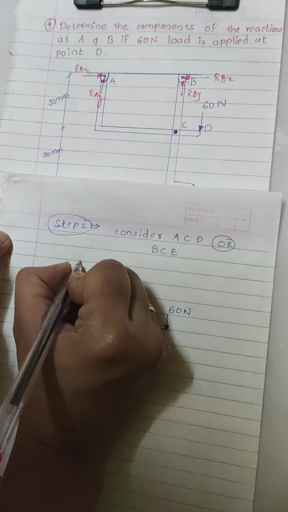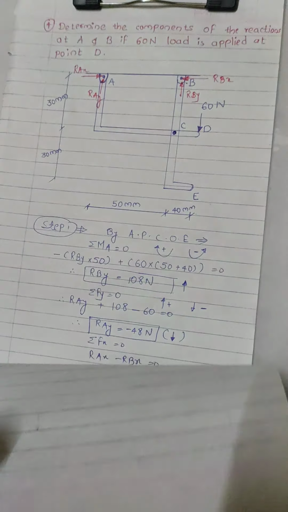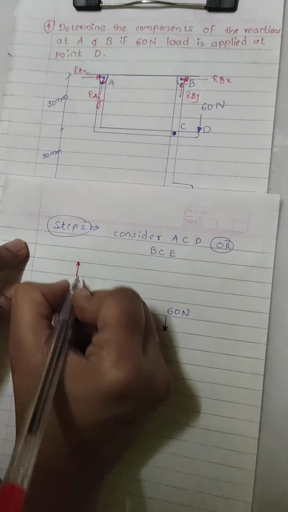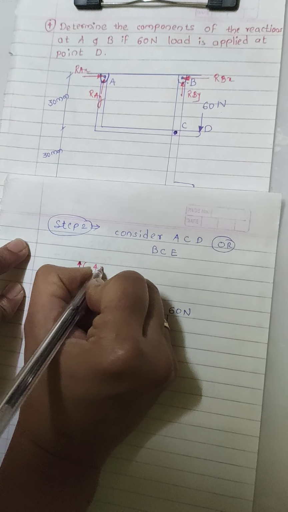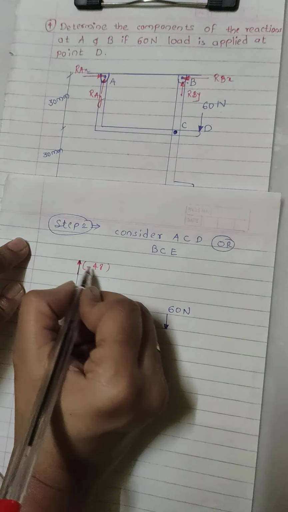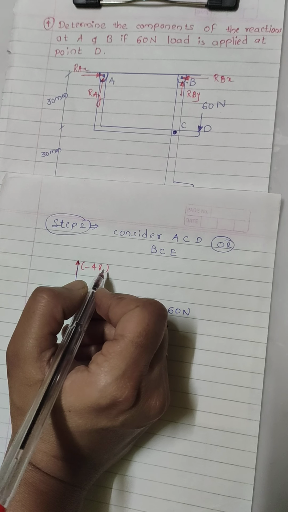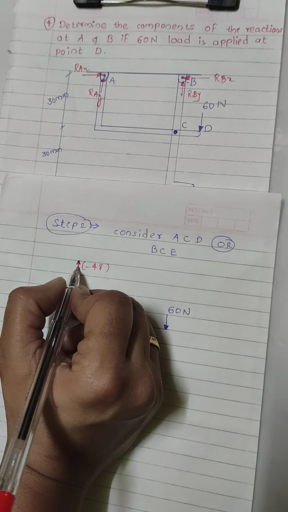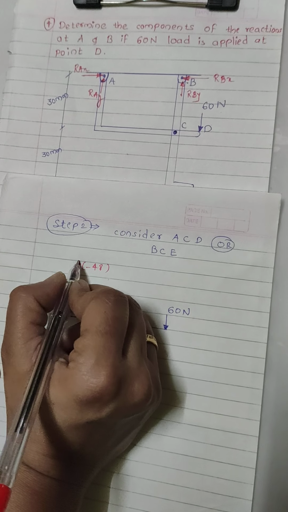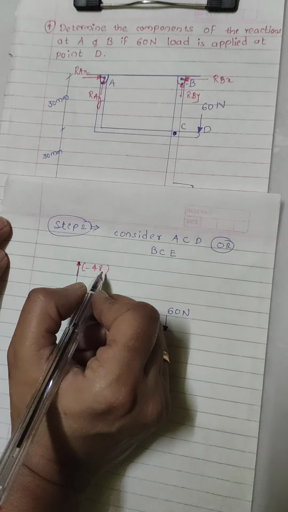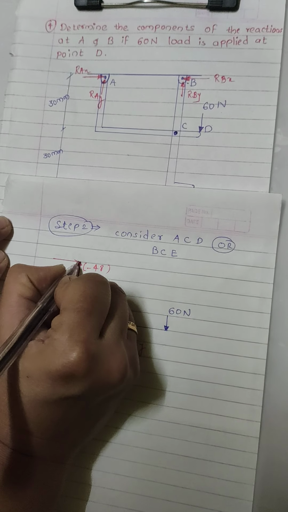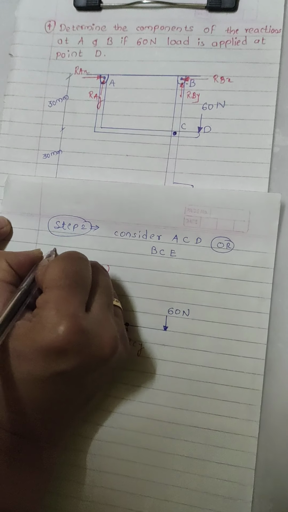The value of RAY is minus 48, and my assumption was that it was acting in vertical direction, Y direction. So I am taking it with the previous assumption and carrying the answer with the negative sign, and RAX is unknown.